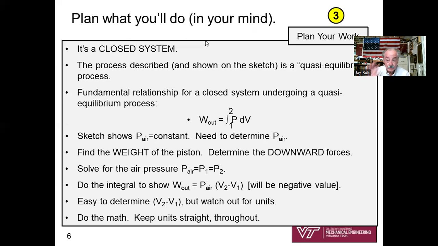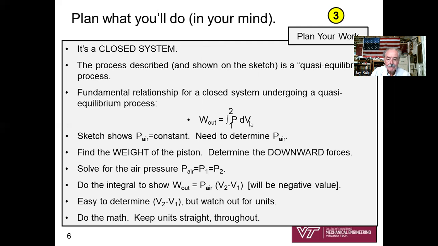Okay, it's a closed system. I got that. The process is quasi-equilibrium. I read enough of the problem to get that. What's the combination of closed system and quasi-equilibrium? Oh yeah, that's right, the textbook reading. The work out is what I'm looking to find, and for a closed system and quasi-equilibrium process, the work out is the integral from state 1 to state 2 of P dV.